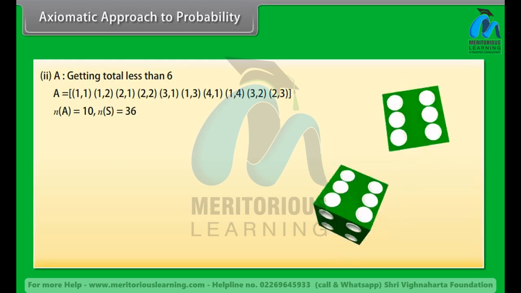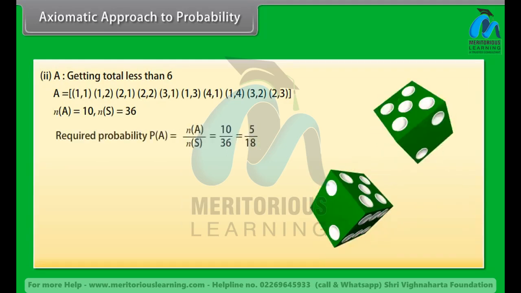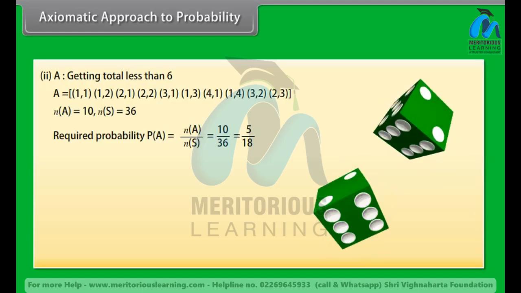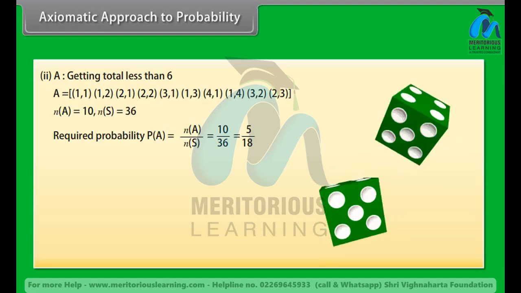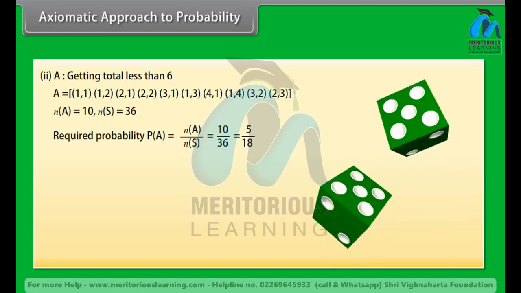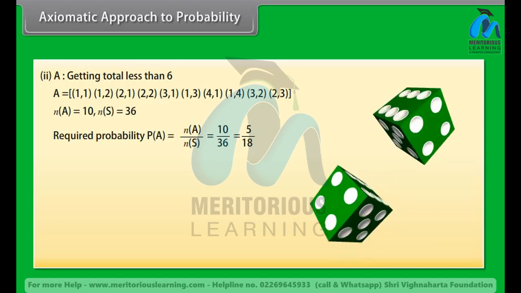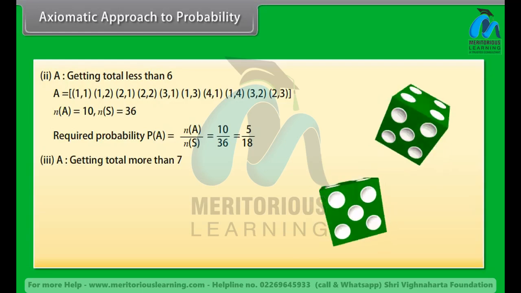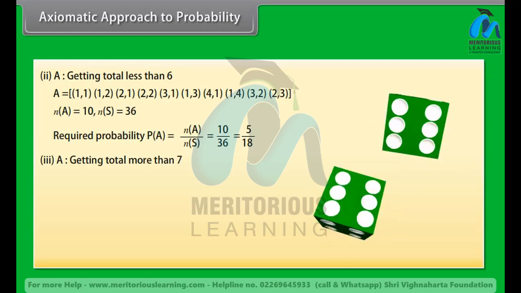N(S) is equal to 36. Required probability P(A) is equal to N(A) by N(S) is equal to 10 by 36 is equal to 5 by 18.